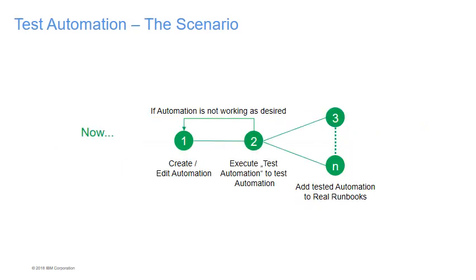The feature to directly test automations is a new convenience function that greatly simplifies the development of new automations as reusable assets for different runbooks in Runbook Automation. An automation can now be developed and directly tested in the RBA user interface without the need to create a test runbook.